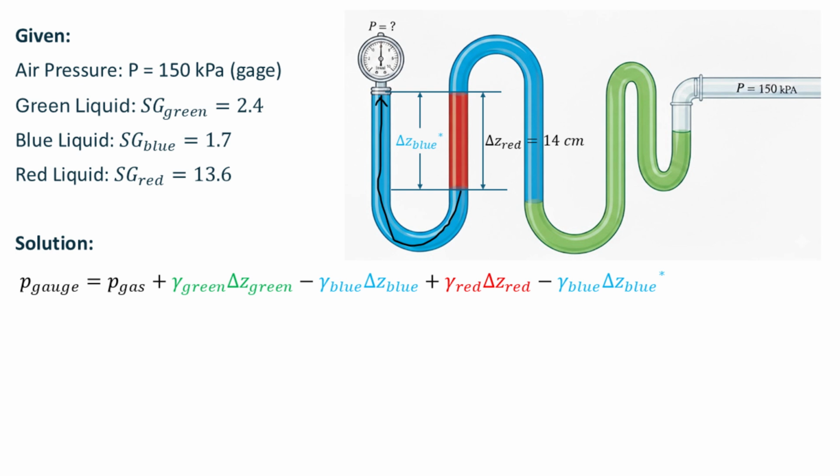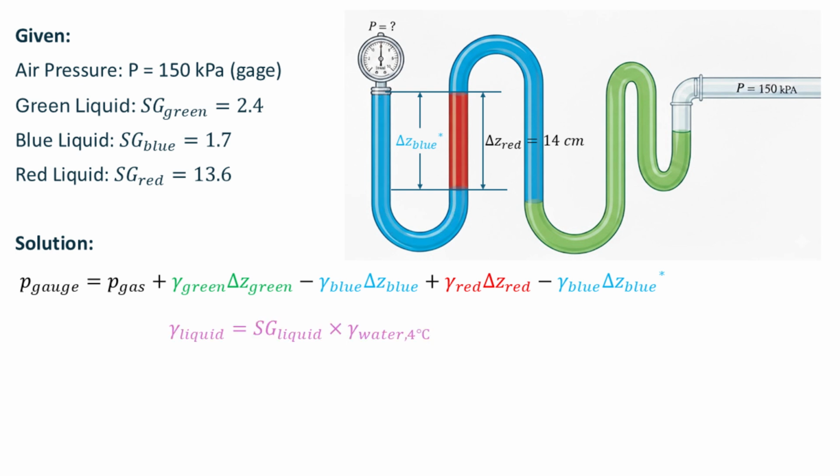And finally, we are back in the blue fluid, going down and then going up all the way to connect to the pressure gauge. The elevation has increased in this part of the journey, resulting in subtracting corresponding pressure, which is calculated using the specific weight of the blue fluid and the elevation change of 14 centimeters.